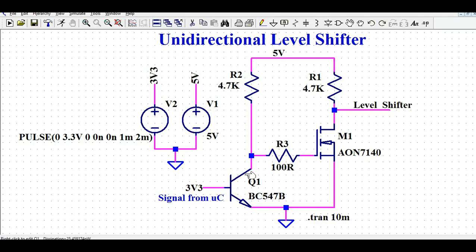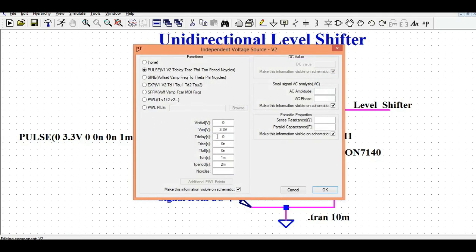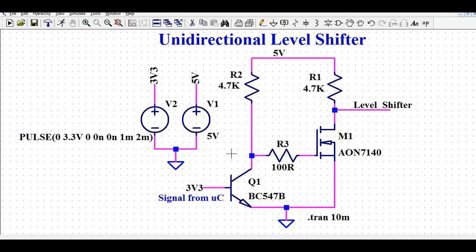At the base of my BC547B, I'm giving a pulsating signal. If I right click on V2 to show you its properties, the V on voltage is 3.3 volt, the rise time and fall time are 0 nanosecond, T on time is 1 millisecond, and the total time period is 2 millisecond.